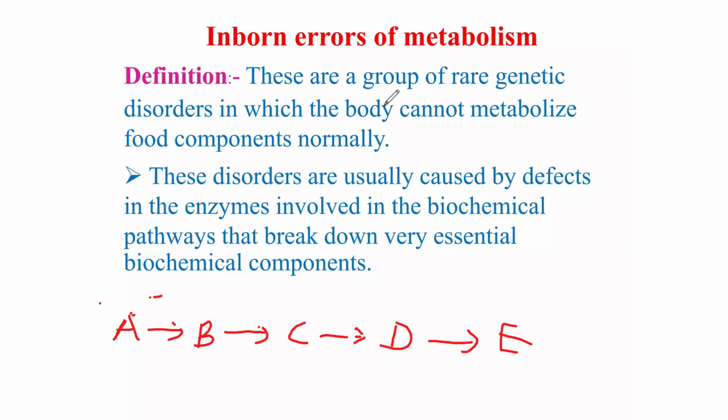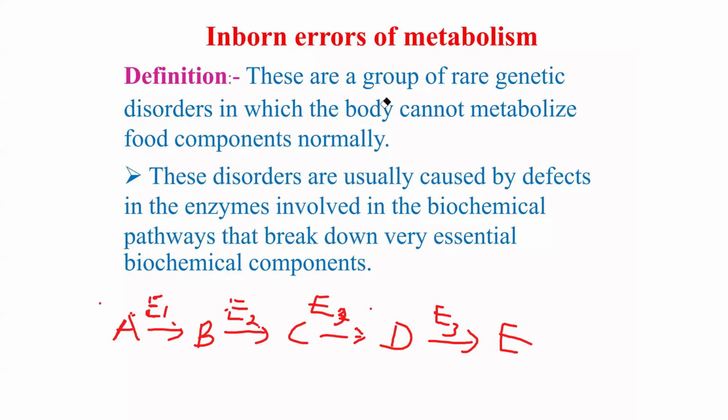Each and every step of the reaction is catalyzed by an enzyme. For example, if we look clearly, we have a number of steps here: 1, 2, 3, 4. So we have about 5 different steps.